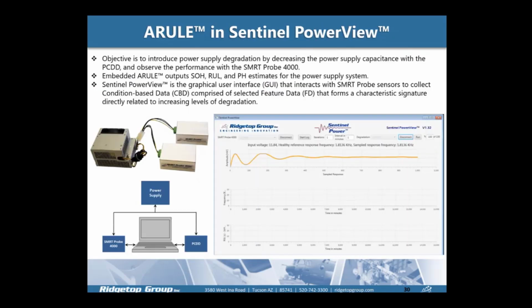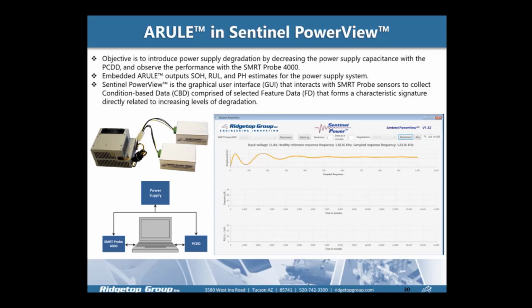The objective is to introduce power supply degradation by decreasing the power supply capacitance with the PCDD, the programmable capacitance degradation device, also designed in-house, and observe the performance with the Smart Probe 4000, which is another sensor to monitor capacitance in power supply systems.